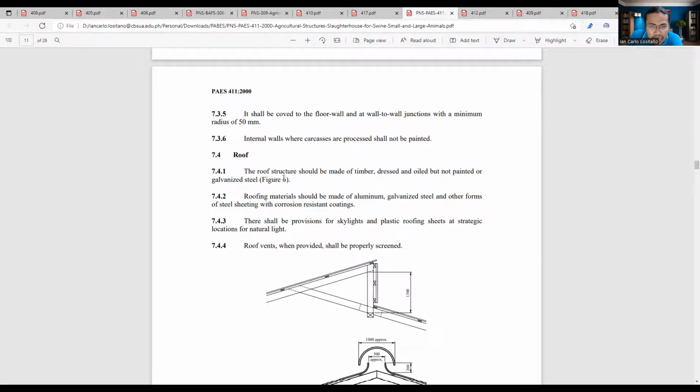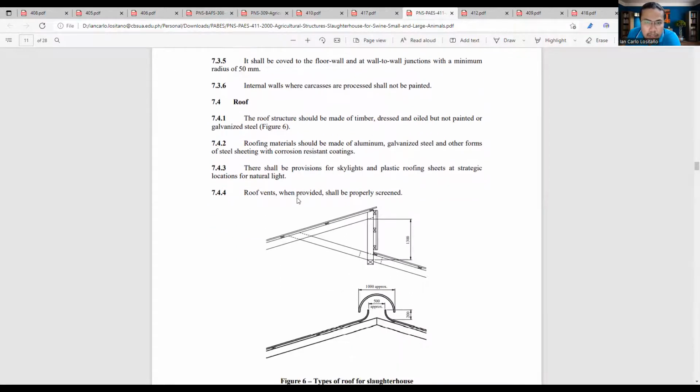Likewise, chlorine, which is a material that is used to sanitize the area, is also very highly corrosive to metal. That's why care should be taken into consideration during even the design and also the construction phase of the facility or the building. Okay.